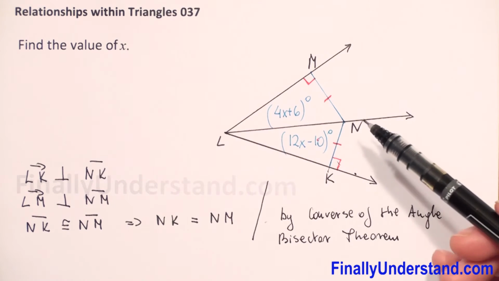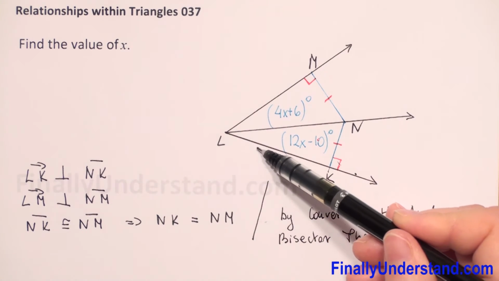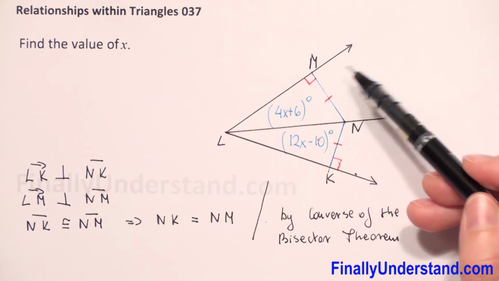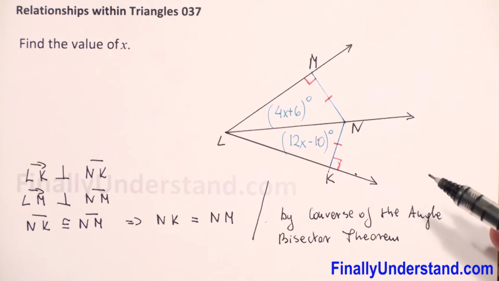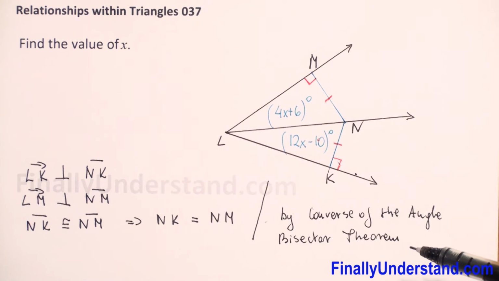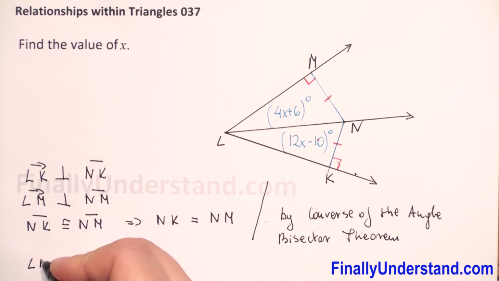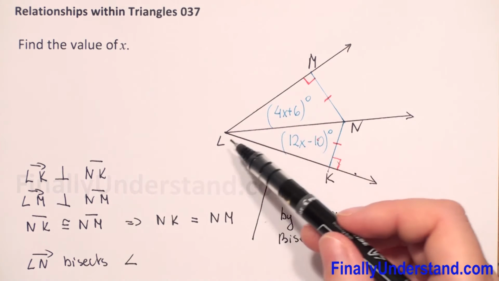If we are given that this segment is perpendicular to this ray and that segment to that ray, and these two segments are congruent, then by the converse of the angle bisector theorem, we have that ray LN bisects angle KLM.